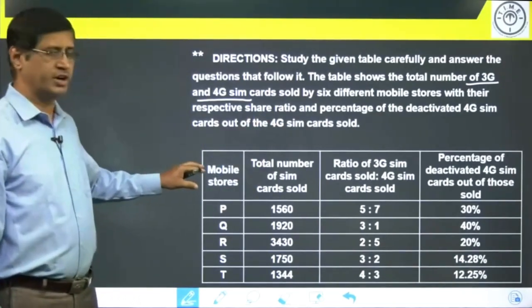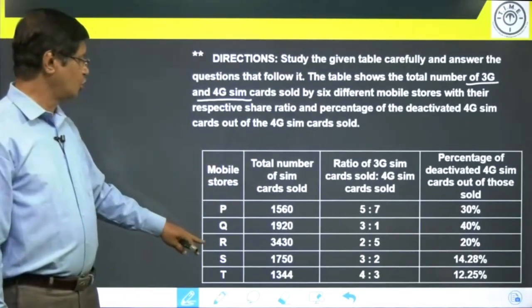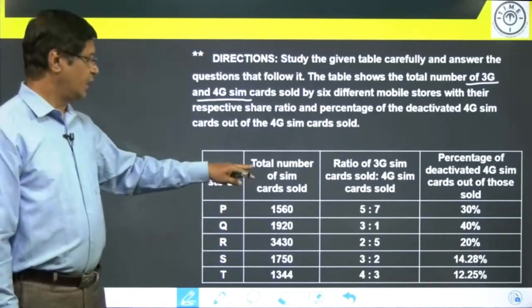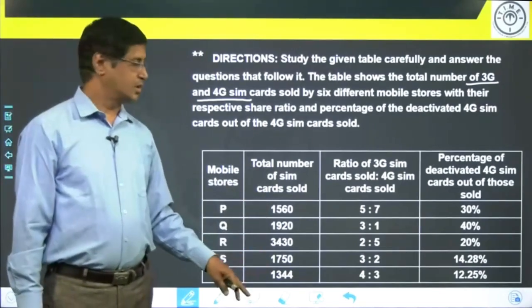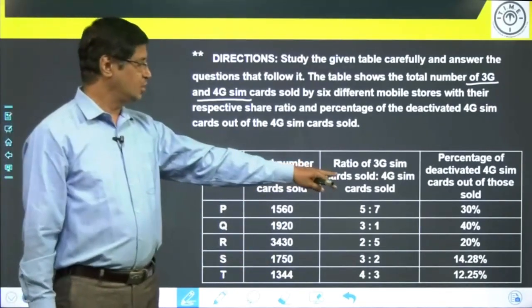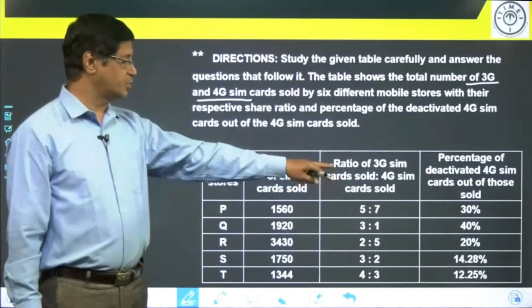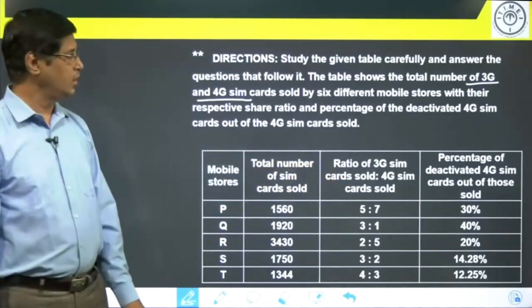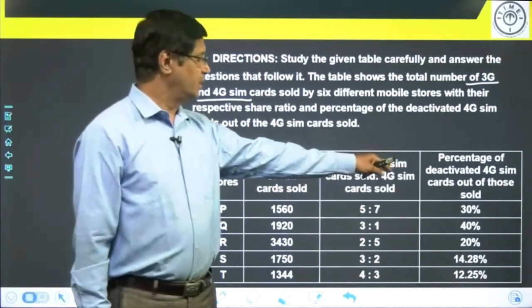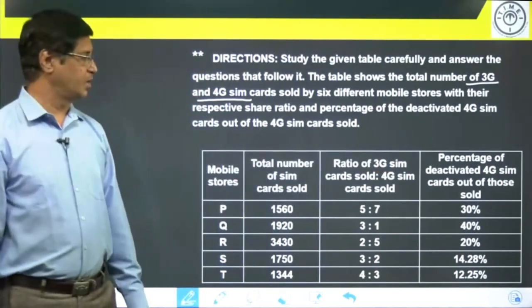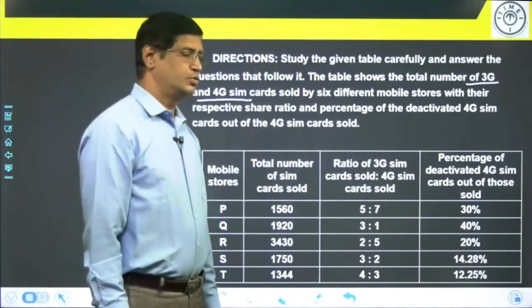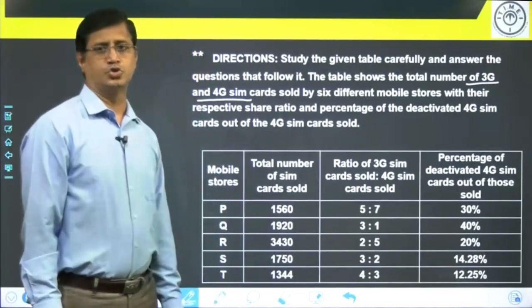Yes, my dear students, please look at the table given here. Mobile stores P, Q, R, S, T, and total number of SIM cards sold. And here the ratio of the 3G SIM cards with respect to 4G SIM cards sold and the percentage of deactivated 4G SIM cards out of the total number of SIM cards sold.